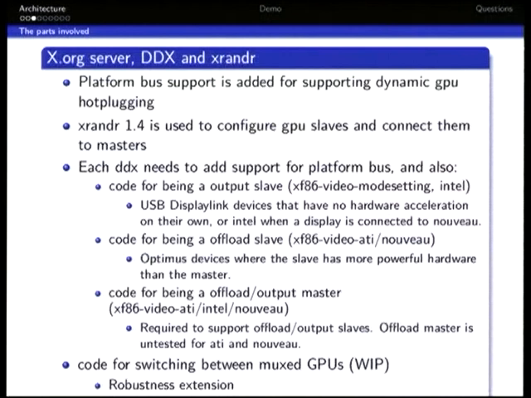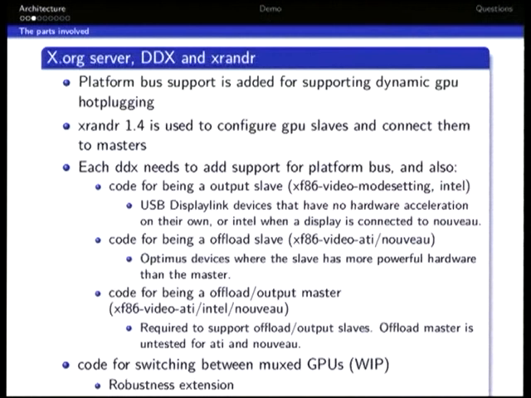So you can set a device and then select the property for what it is exactly and what it's going to be used for. And it can change over time. So each DDX needs support for platform bus, but also support for being an output slave. An output slave is simply a device that is only used for output.